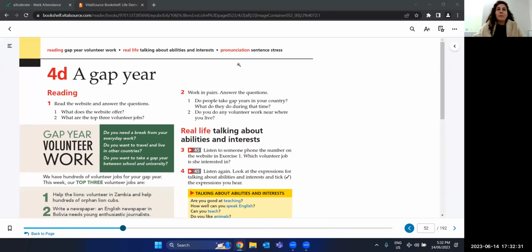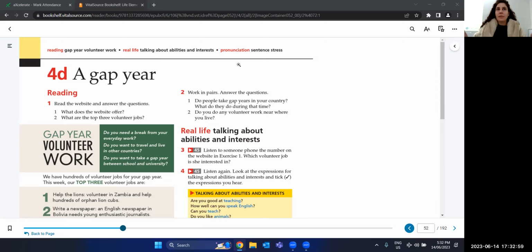So a gap year means when you have a break, a little holiday before you do something else. So it's very common to see high school students, when they finish high school, they take a gap year. They take 1 year where maybe they travel or maybe they do something before they go to university or before they work. So it's just a gap year to do whatever you're interested in.